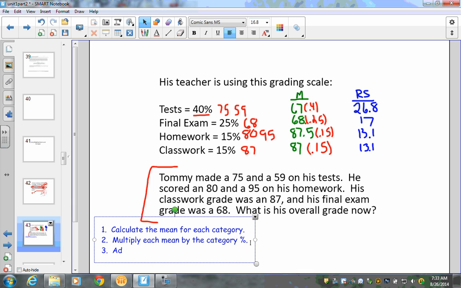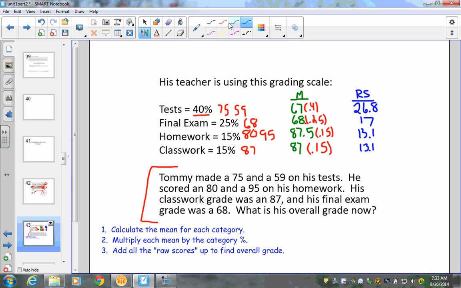Which brings me into my third step, and that is to add all the, what I would call, raw scores. So add all the raw scores up to find the overall grade. So I'm going to add all this information up, and when I do that, 26.8 plus 17 plus 13.1 plus 13.1, I get a score of 70.